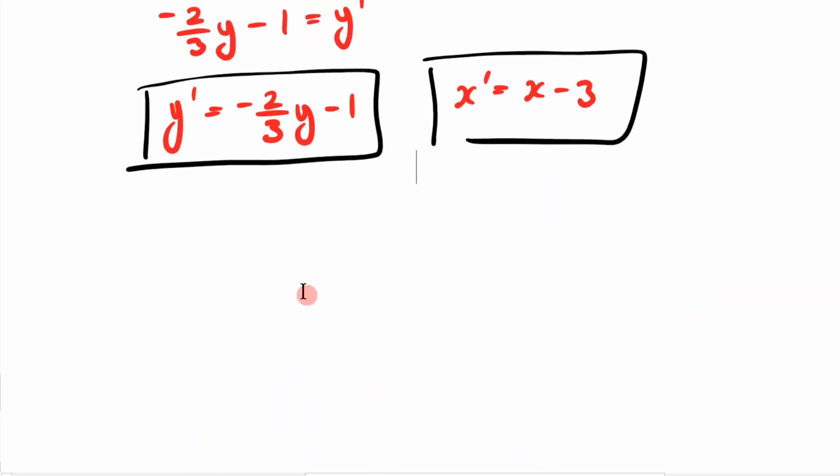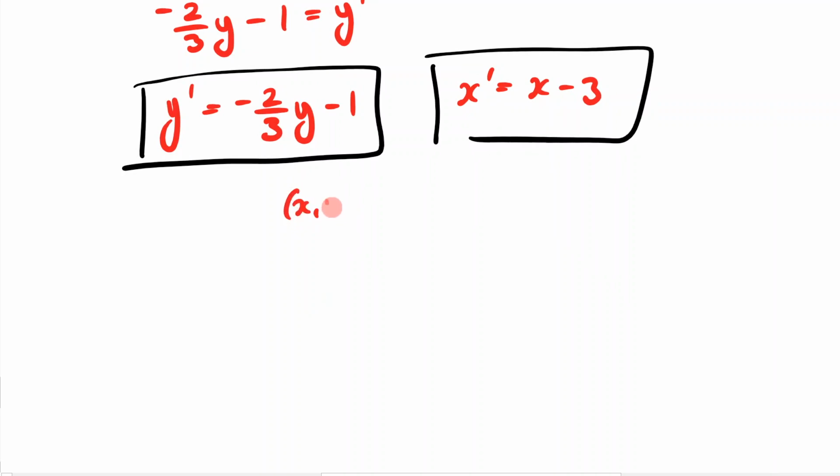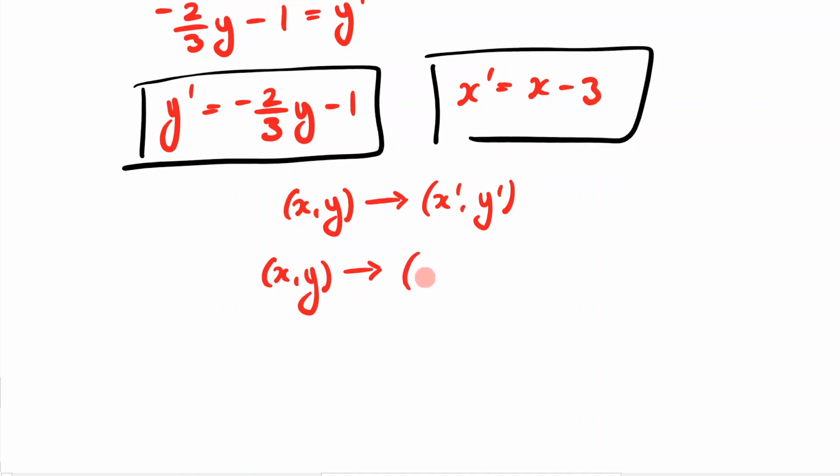I started with x, y, and I then got x dash, y dash. I know that x dash is equal to x minus 3, and I know that y dash is equal to this monstrosity.